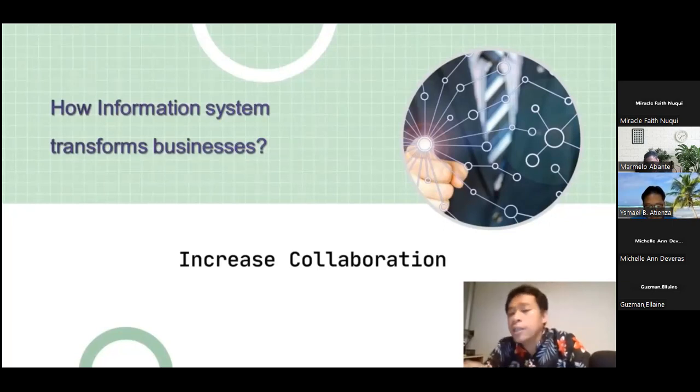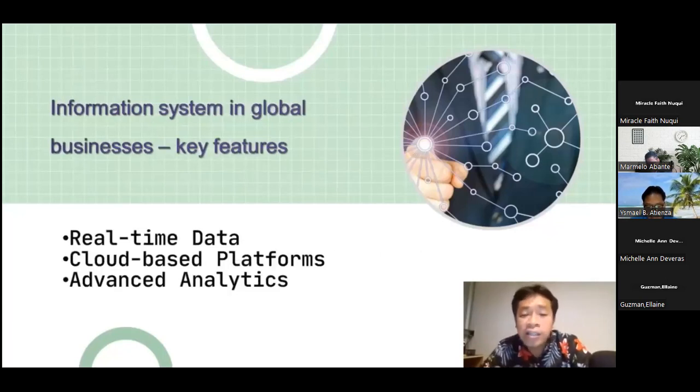In today's digital age, the world is interconnected more than ever before, and businesses are no exception. Global business information systems are designed to provide companies with accurate, relevant, and timely information about their operations, customers, suppliers, and competitors across borders. The key features include real-time data, cloud-based platforms, and advanced analytics.